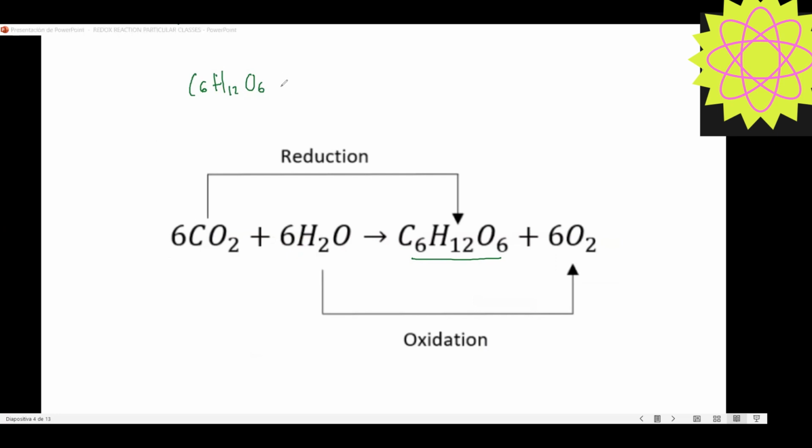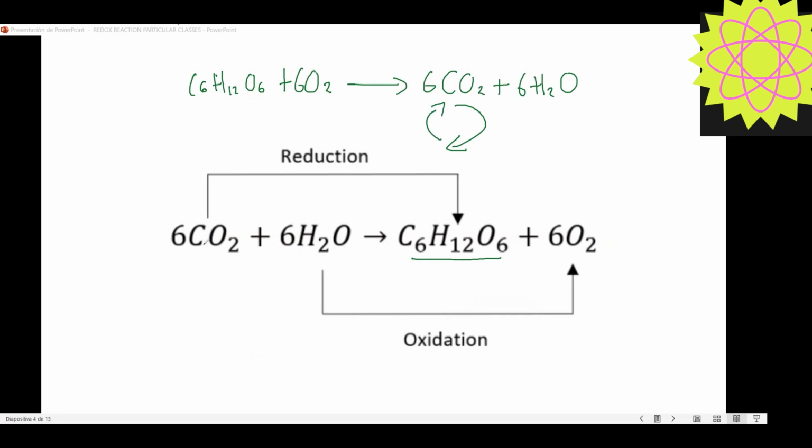This was written this way, something like this, right? But if you invert this equation, you're going to find the opposite, right?